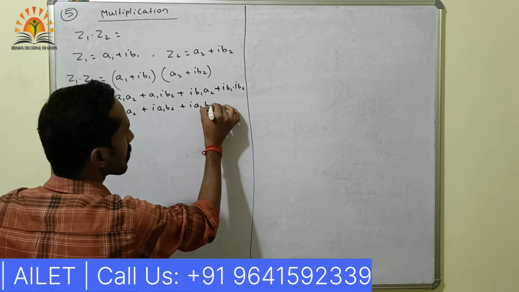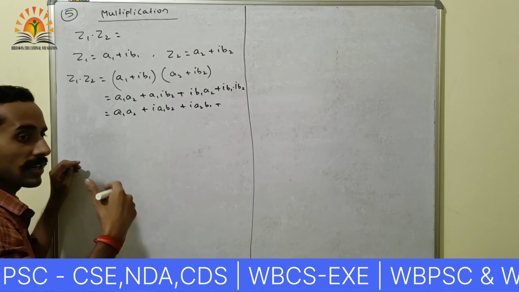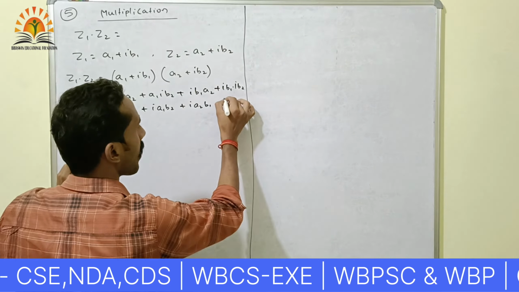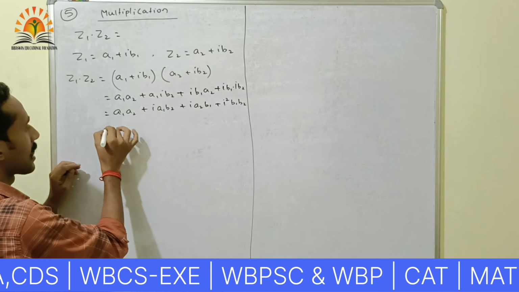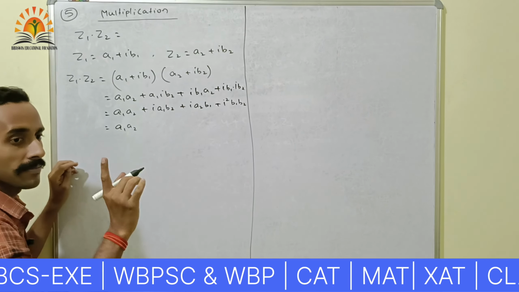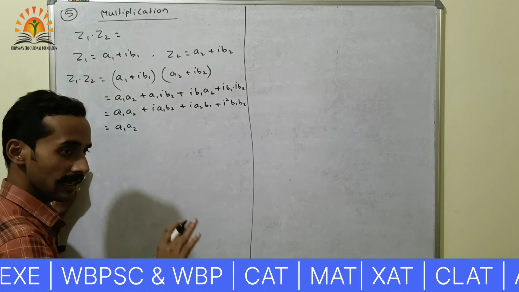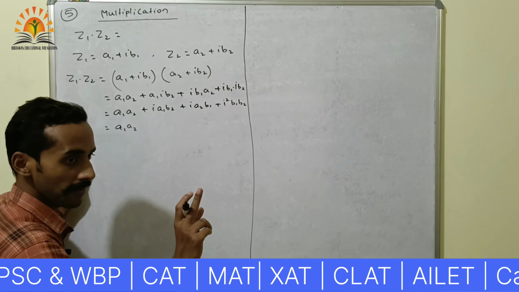Iota A2, B1. And iota multiply iota, iota square, B1 and B2. Now it is equal to A1, A2, and iota square becomes minus 1. We have already learned that iota square is equal to minus 1.